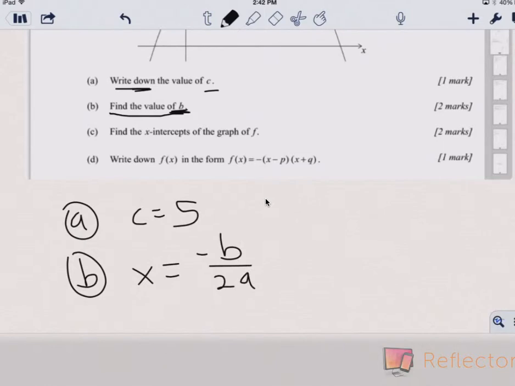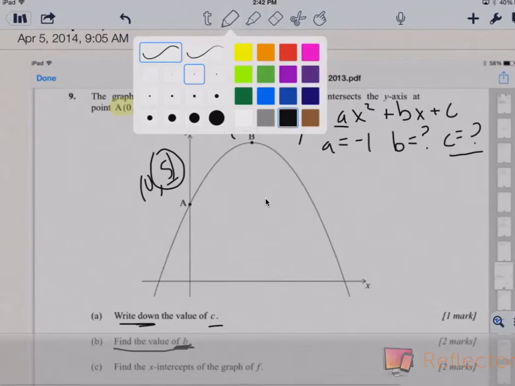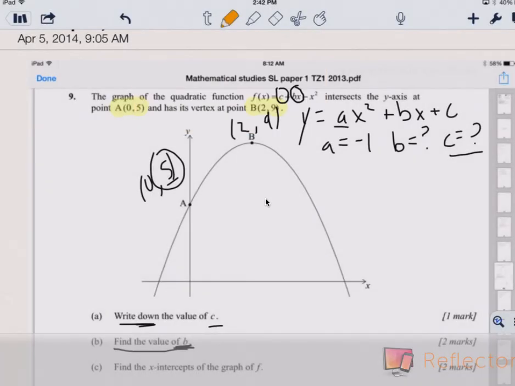Now let's think about this for a moment. Remember, the axis of symmetry is the vertical line that slices the parabola in half, and it crosses the x-axis at 2 in this case. So we can use that information.